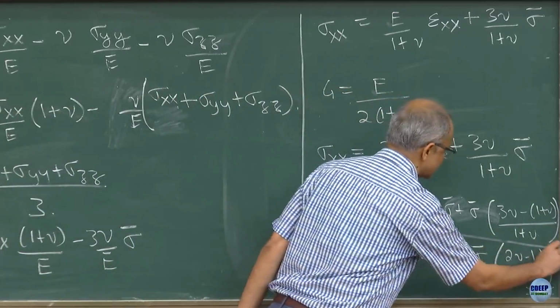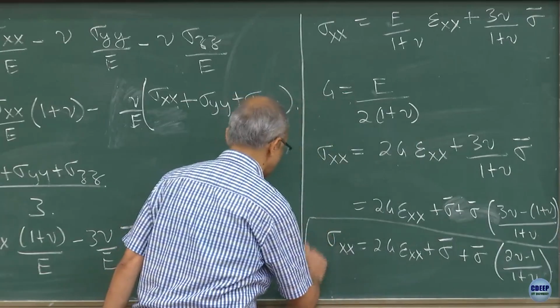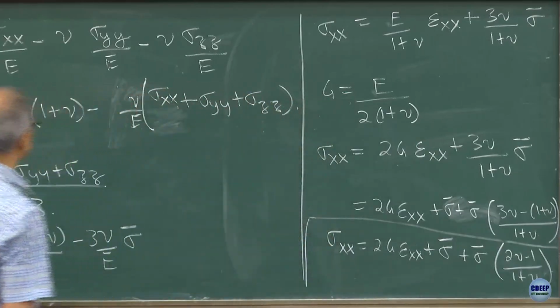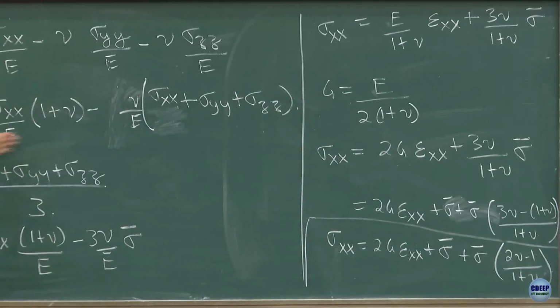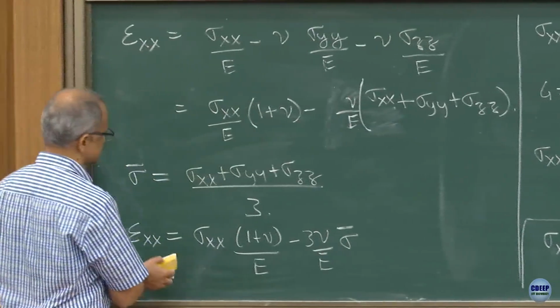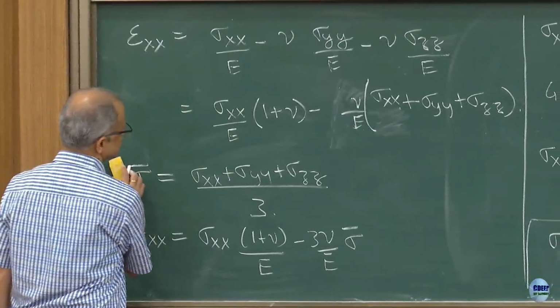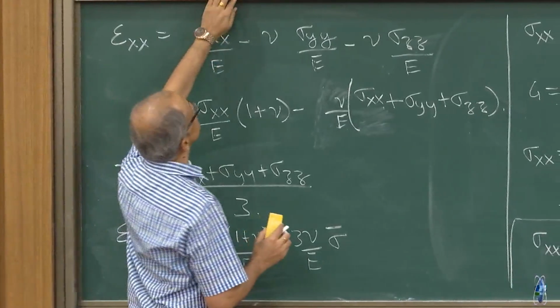Now we go back to our starting point, and our starting point was this. Let us say that I can write out similar equations for the other 2 directions. Let us go to the other board.